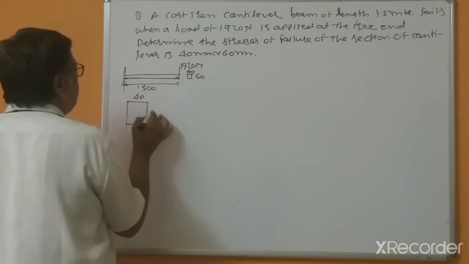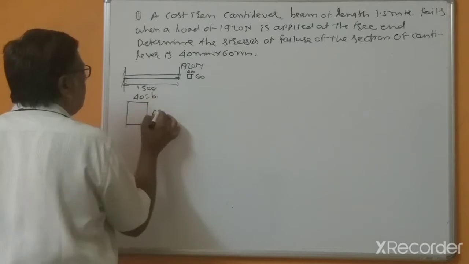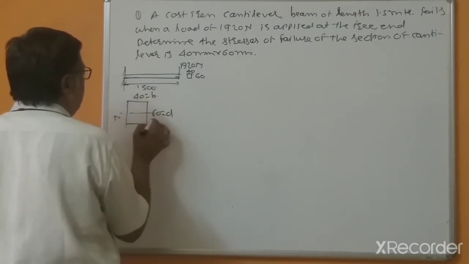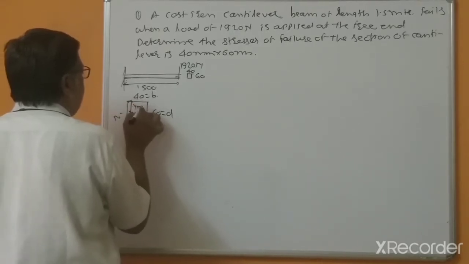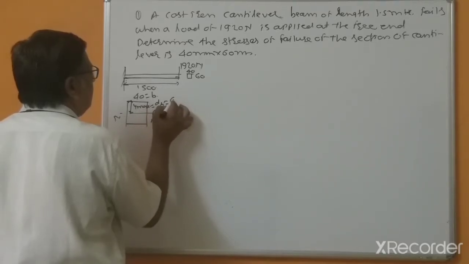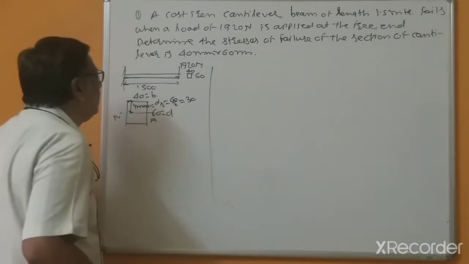This is B and this is D, and this is the neutral axis. Y max equals D by 2, that is 60 by 2, equal to 30.